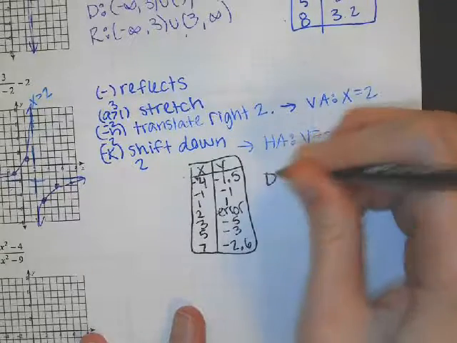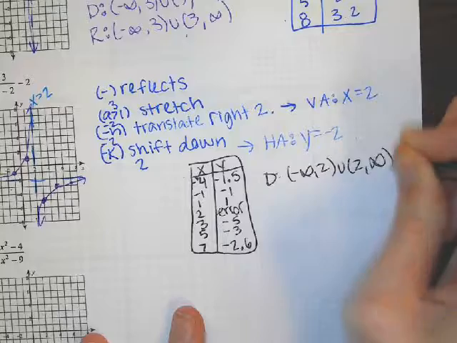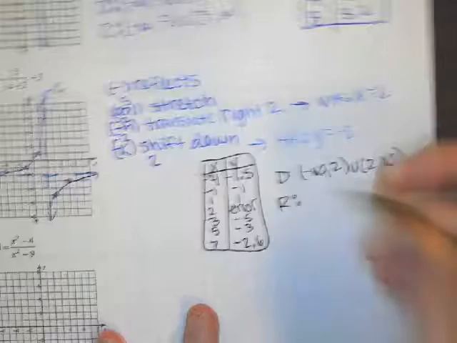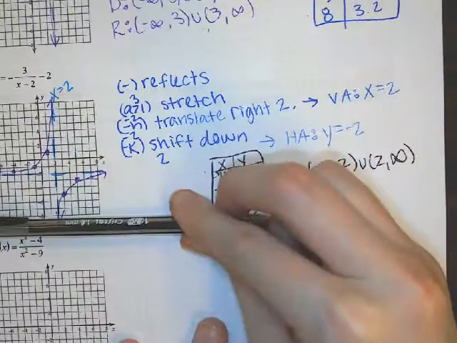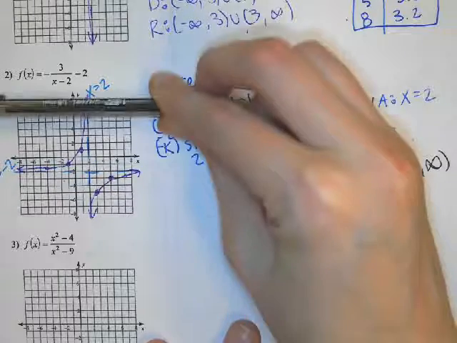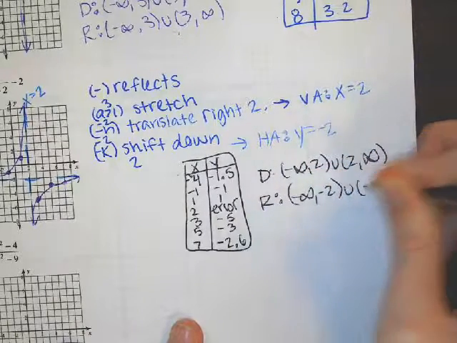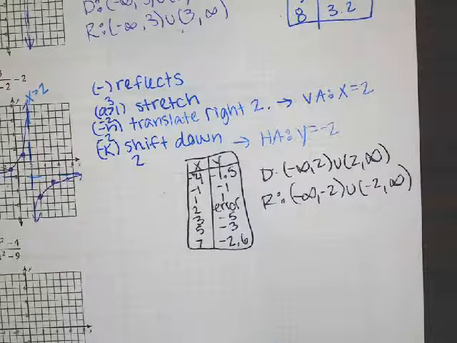So domain, -infinity to 2, and 2 to infinity. Range, how far down? From -infinity to -2, and from -2 to positive infinity.